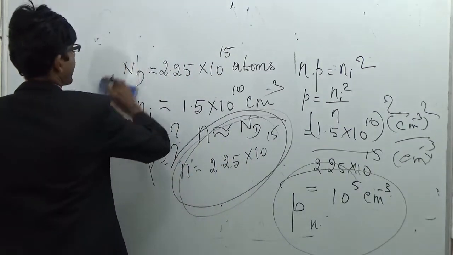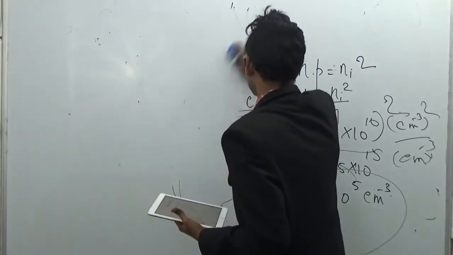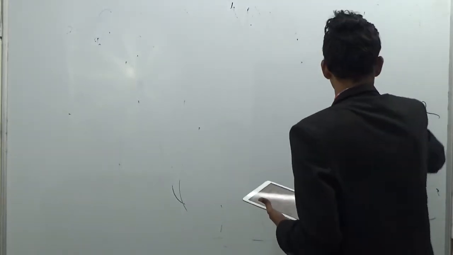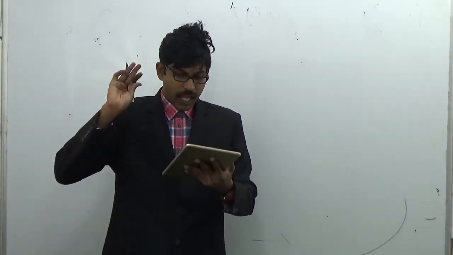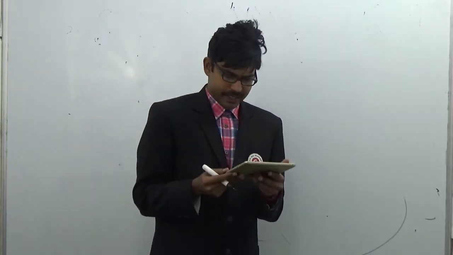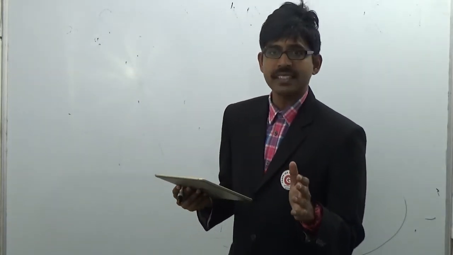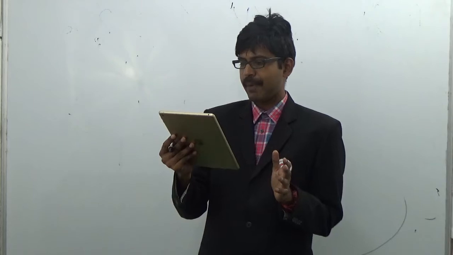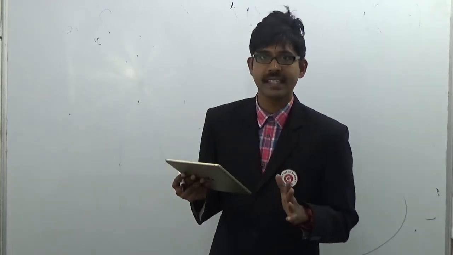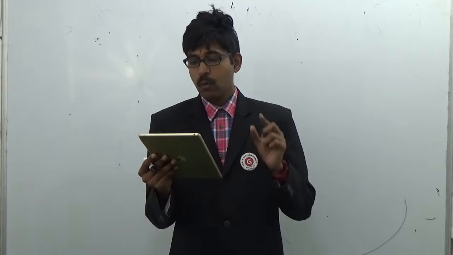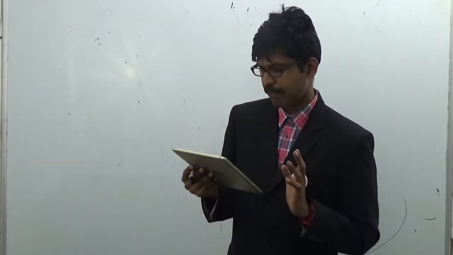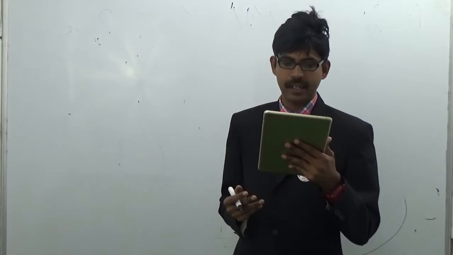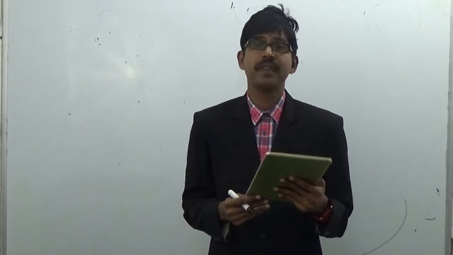We will try to solve one more problem. Now, the problem is, at T equal to 300 Kelvin, the band gap and the intrinsic carrier concentration of GaAs are 1.42 electron volt and 10 to the power 6 per centimeter cube respectively.